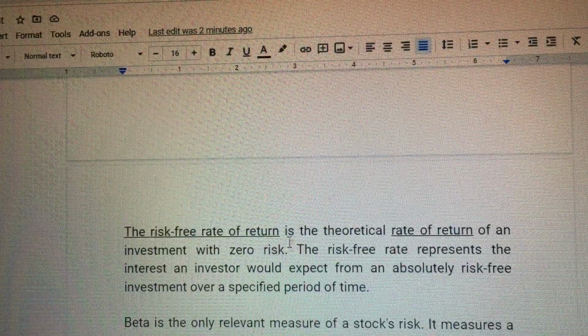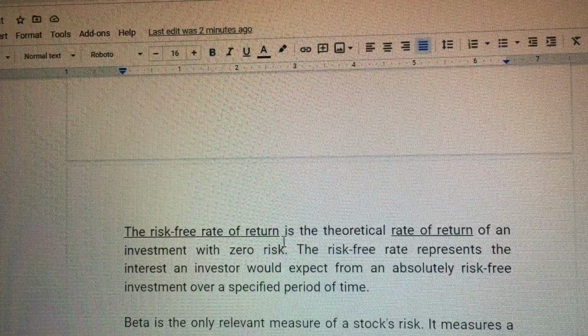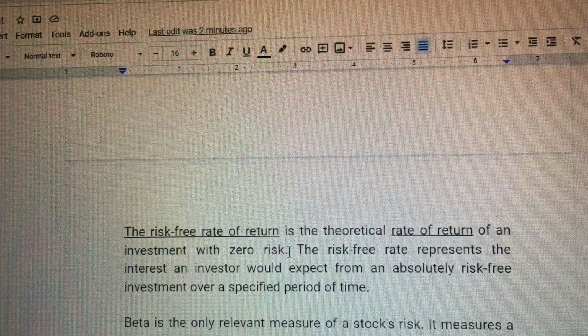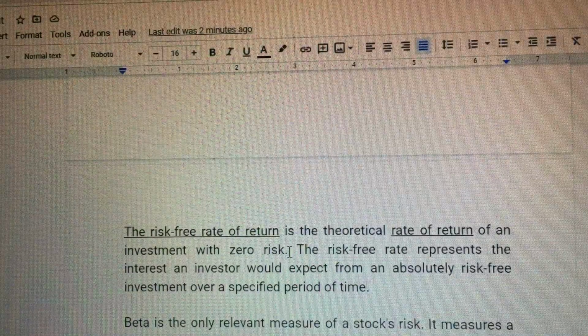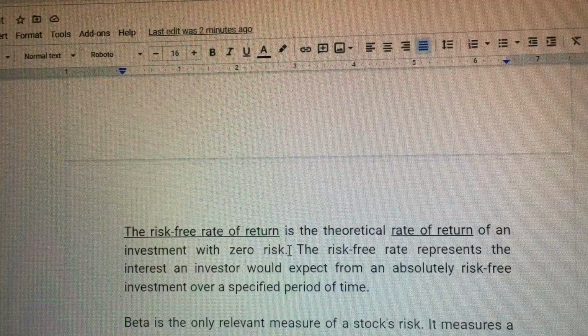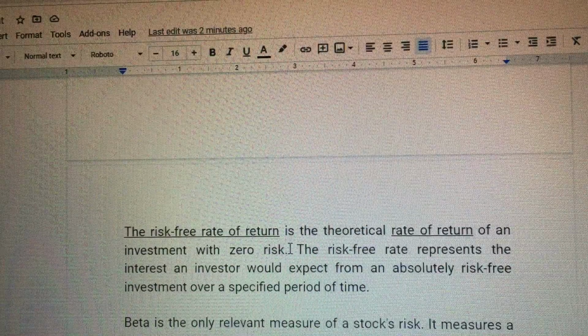For example, bond. Dili risky ang bond because we know that bond is backed by the government, and we know that government can raise money anytime.